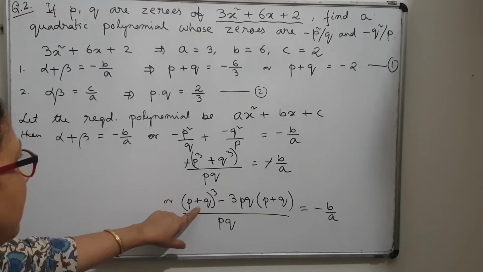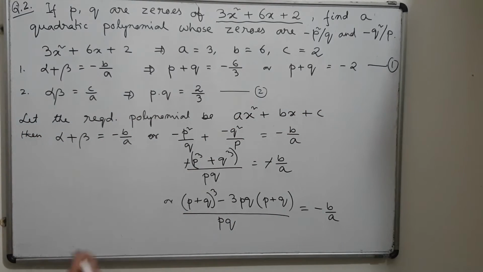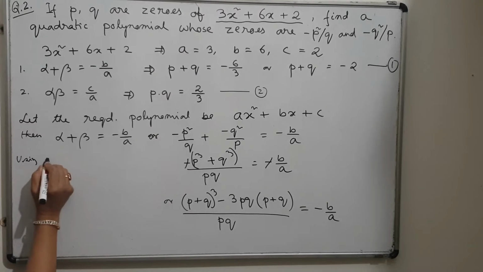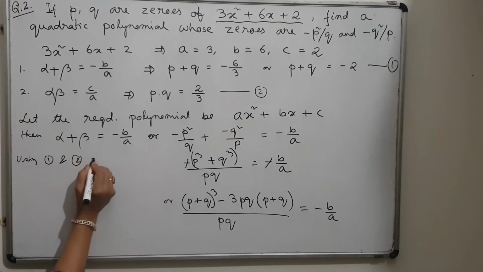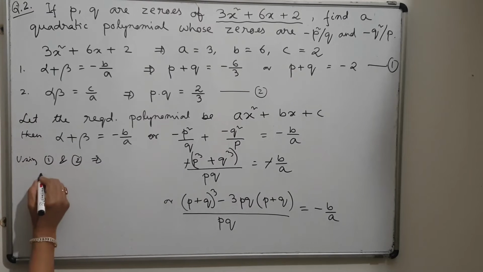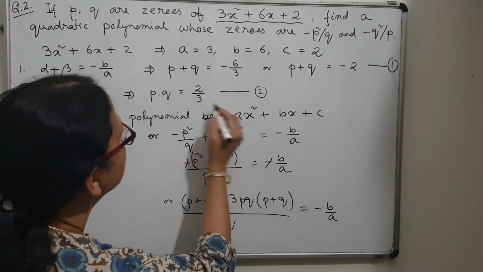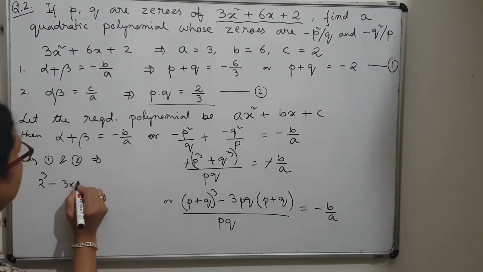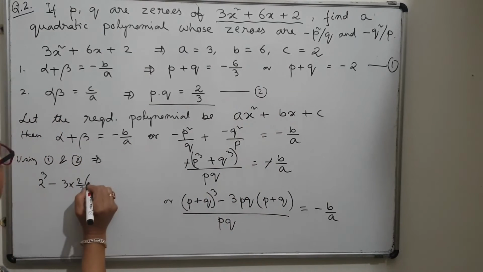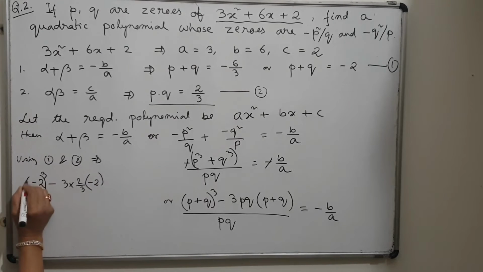Now I can put the values using equation 1 and 2. Here p plus q is minus 2, so minus 2 whole cube minus 3 into pq, which is 2 by 3, into p plus q, which is again minus 2.